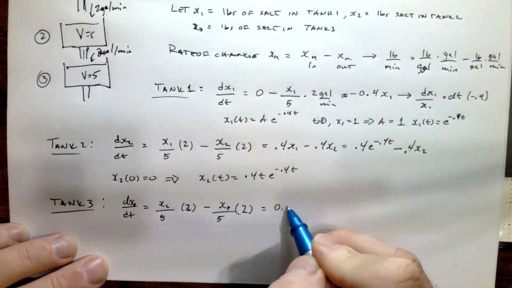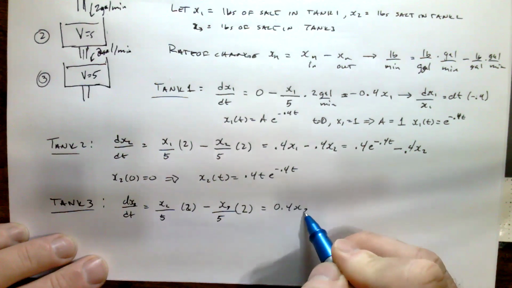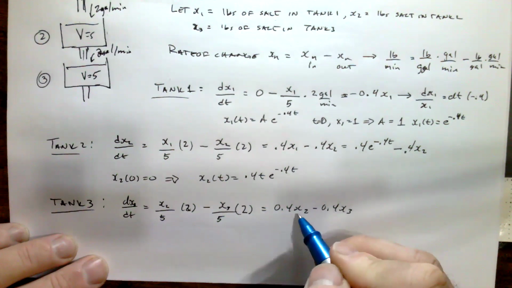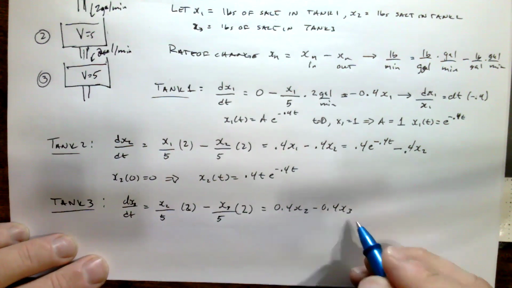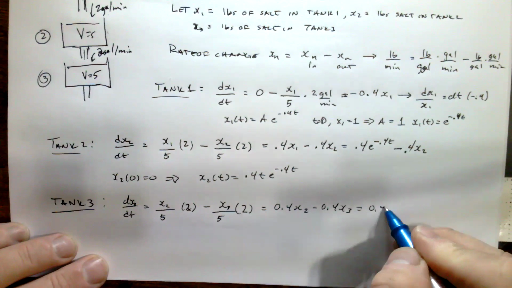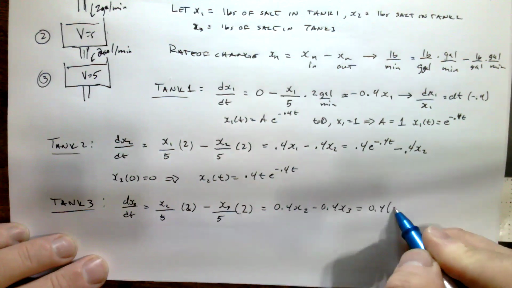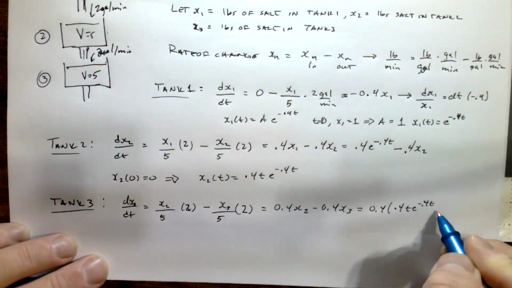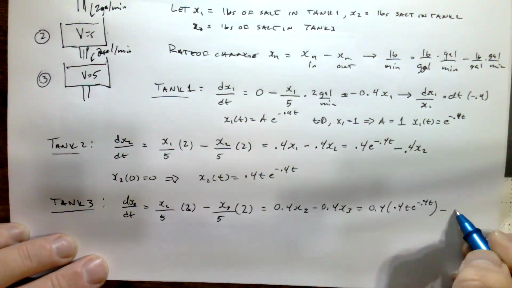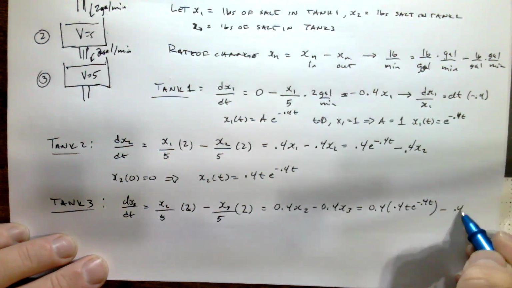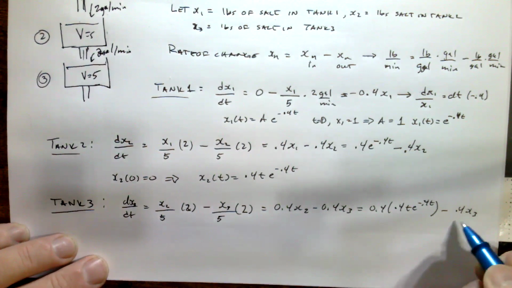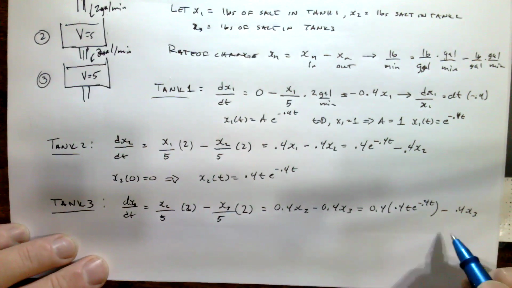Plugging in, we get 0.4 x2 minus 0.4 x3. We know x2, so we can substitute that in. And so that gives us 0.4 times 0.4 t e to the negative 0.4 t minus 0.4 x3. And then again, this is an integrating factor problem, multiplying everything through.